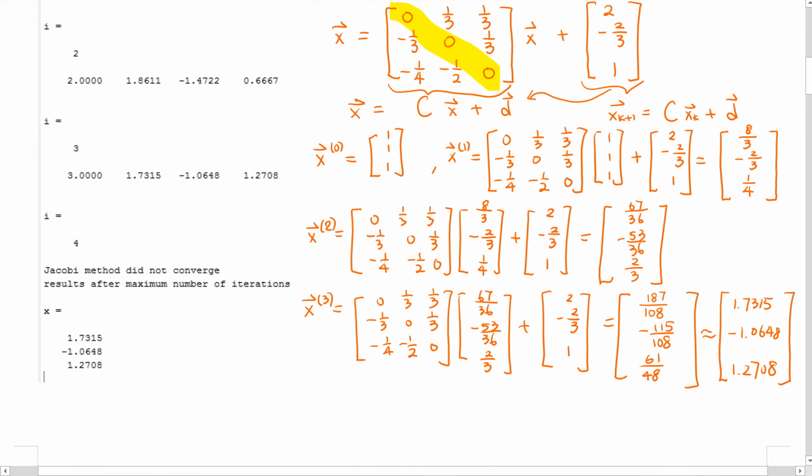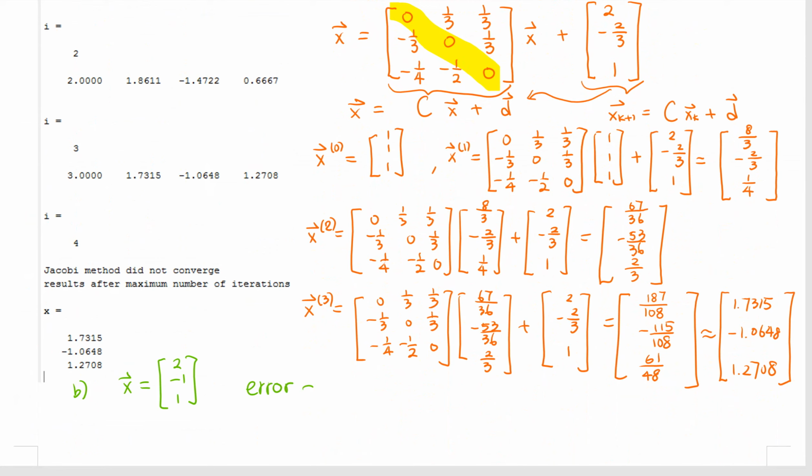So part B. The true value for x is 2, -1, and 1. Okay, we need to compute the error bound. So the absolute error equals the L2 norm of x minus the estimated approximation, which is x3.